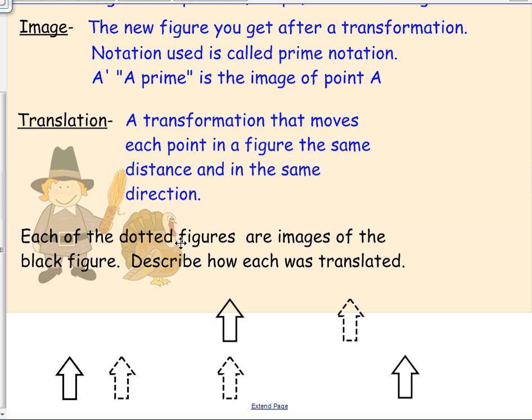So for example, if we were to describe this arrow, this would be our original. The image would be moving to the right. This one, it would be moving down. This one would be moving diagonally up to the left. All right, so that's how you would describe these particular points.